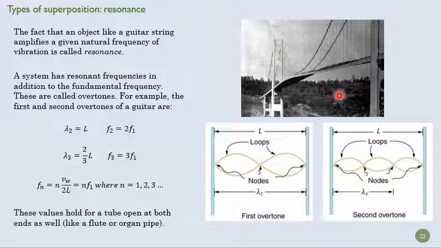And the most famous physics teacher example of this is the Tacoma Narrows Bridge that, like a guitar string, had 2 endpoints. And the wind blowing over it created frequencies and amplified the natural frequency of the bridge until the bridge essentially destroyed itself. It started to resonate so strongly that it self-destructed.